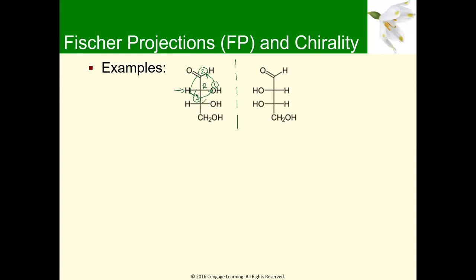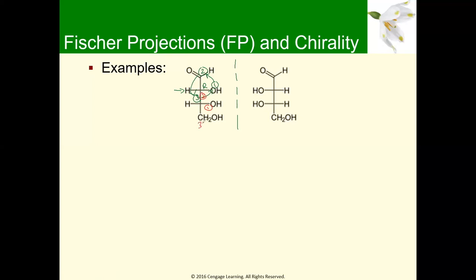So I'm going to do the configuration for the carbon down here. The oxygen in the OH is still the highest priority connection. So that's 1. Now I've got a CH2OH and a CHO bound to another carbon. This carbon's connected to another carbon, a hydrogen and an oxygen. This carbon's connected to 2 hydrogens and an oxygen. So that means that this group up here gets second priority.